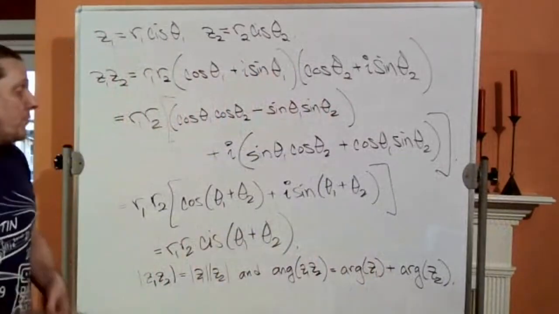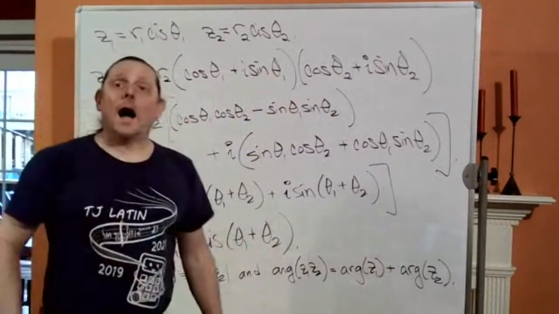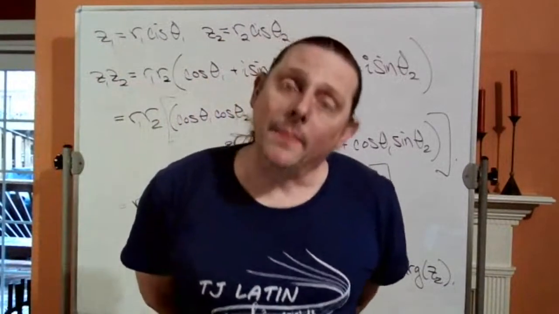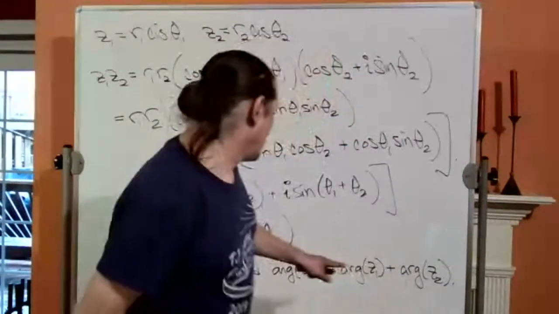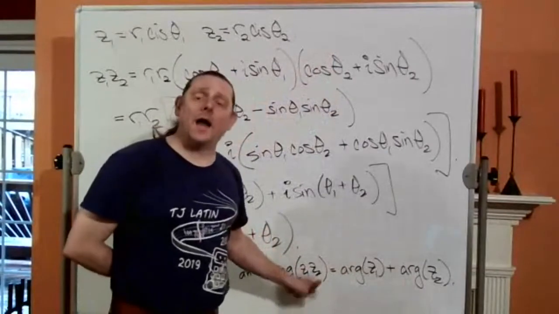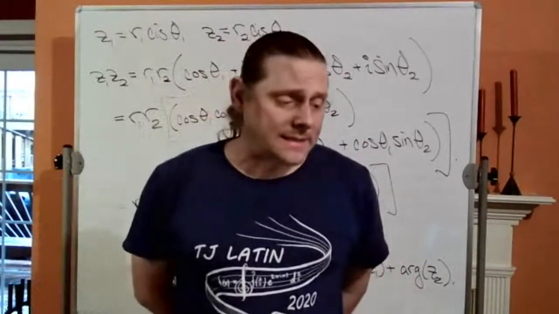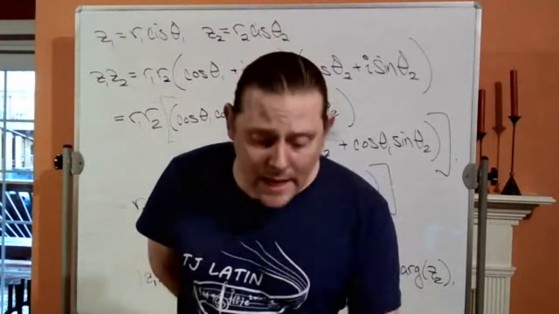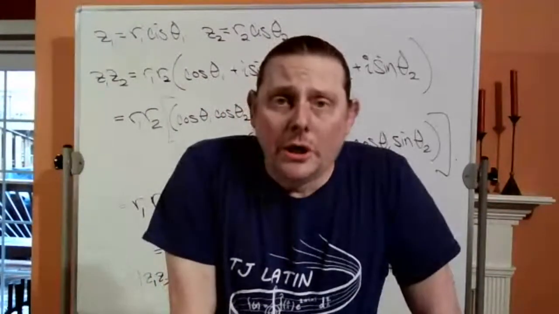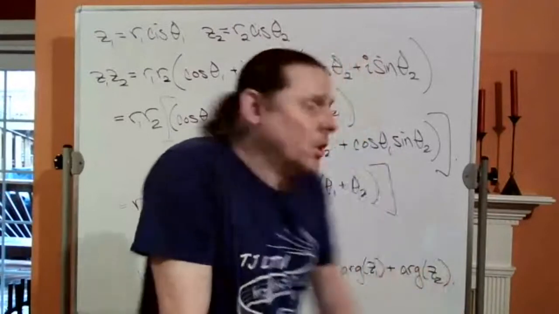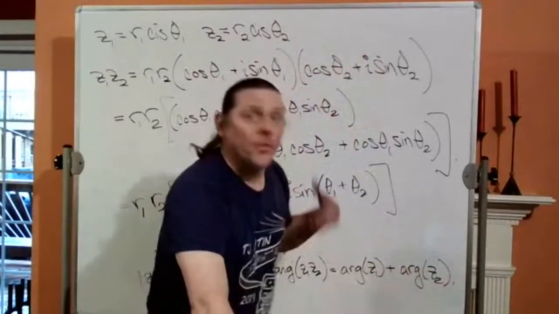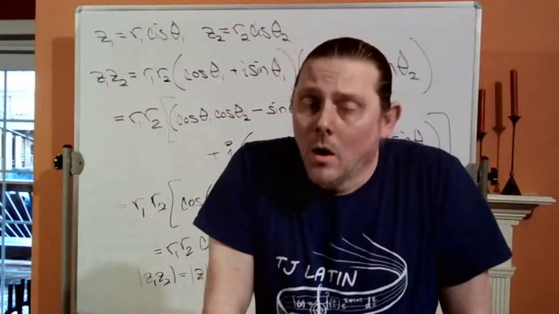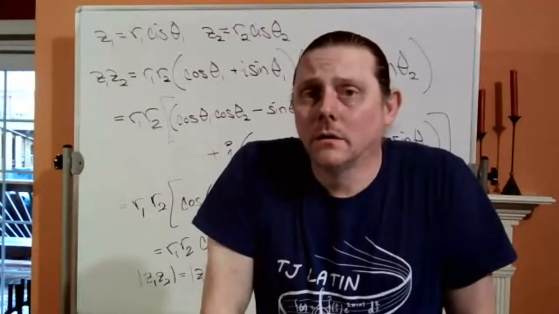Notice when I wrote those arguments, I did not use the principal value. And that's because this equation is not, in general, satisfied by the principal value. For example, you could obviously have two arguments that were both principal arguments whose sum was greater than pi.